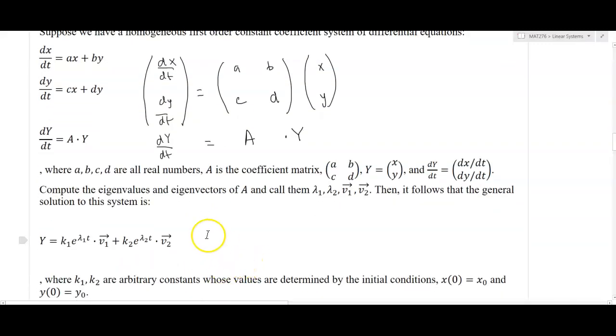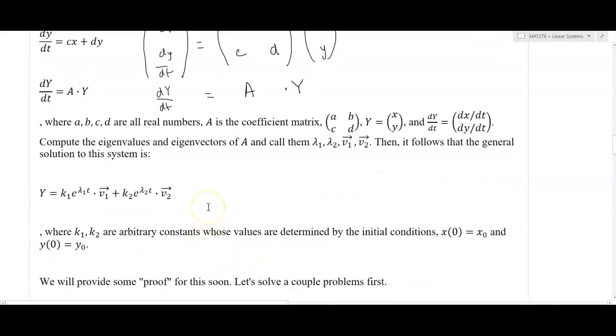And so the way this will end up looking is, remember that y contains x and y in it, or x of t and y of t if you want. k1 e to the lambda 1 t times v1, that's going to contain two numbers in it.